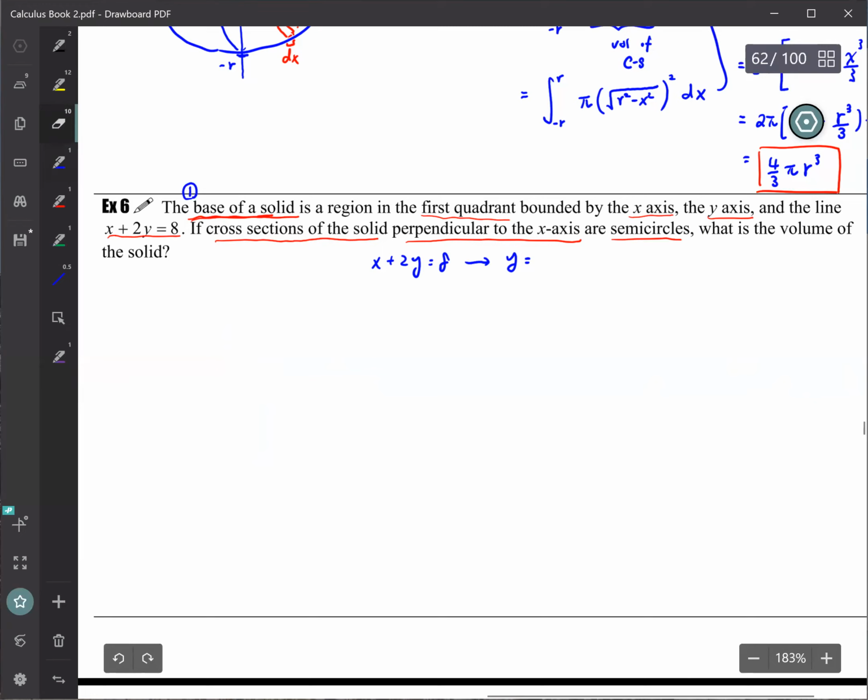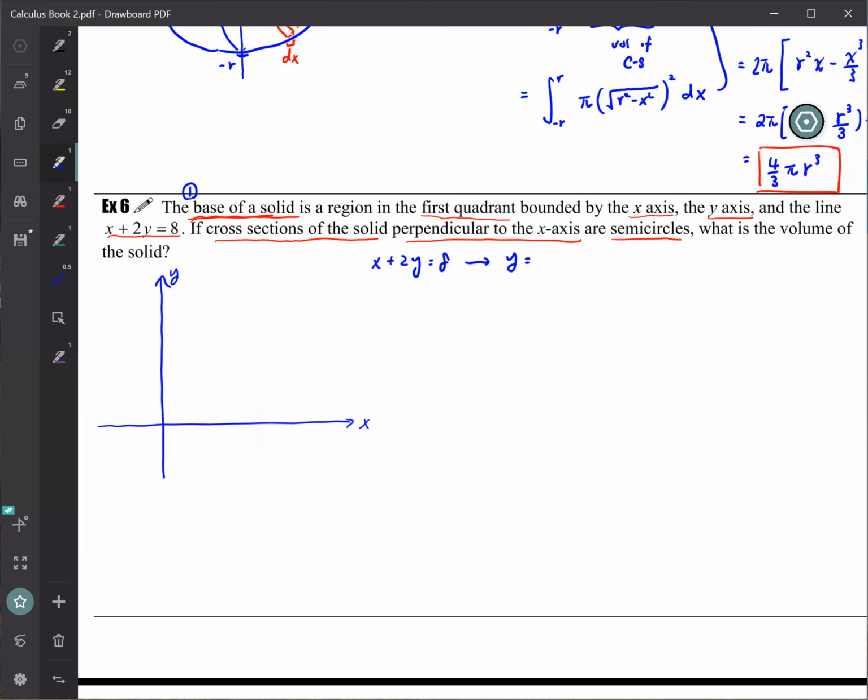Because we only have first quadrant, I'm gonna make the picture just focus on first quadrant, so you have bigger space. All right, so what's the equation then? Carrie, y equals? I think -1/2 x plus 4. Okay, -1/2 x plus 4, very good.